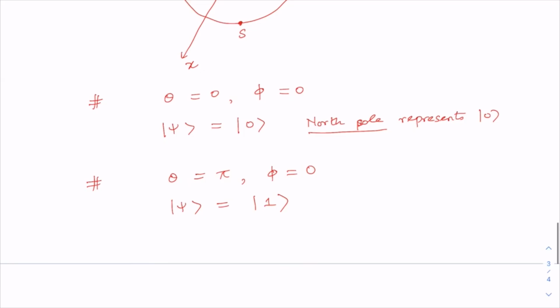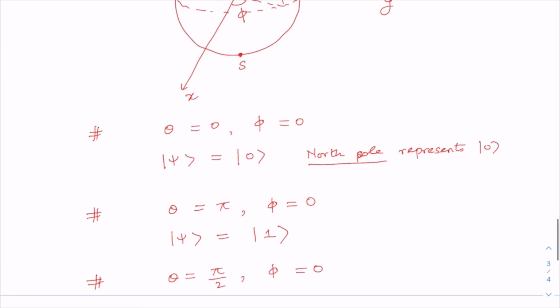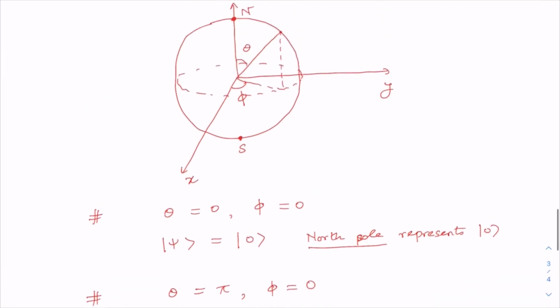On the other hand, if I now take theta equal to pi by 2 and phi equal to 0, this will correspond to the point where the positive x-axis meets the equator.